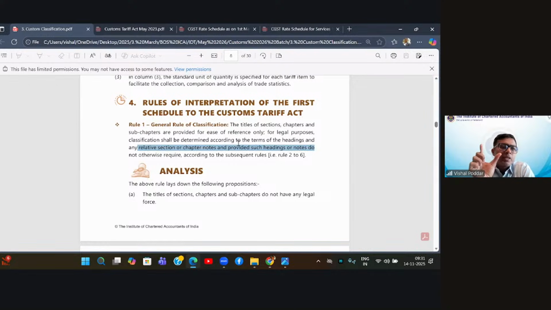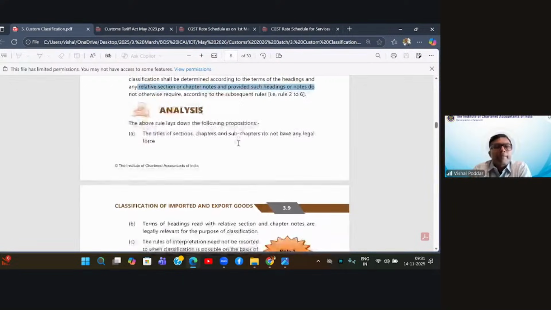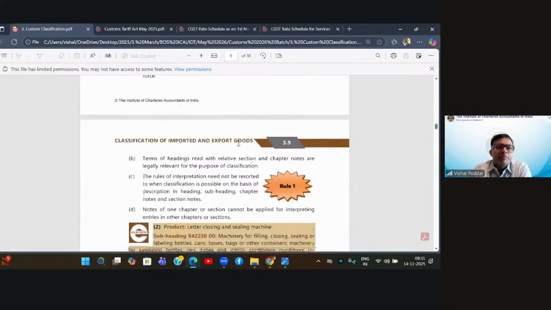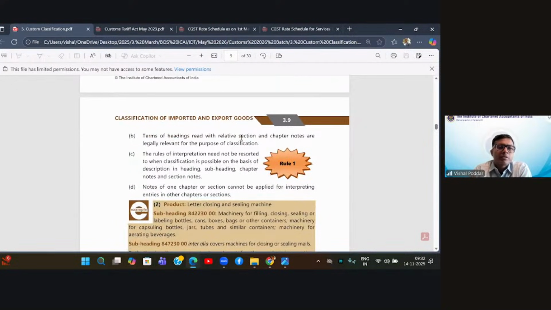So don't go by the names given. This is what it means. Names are to be referred only for reference, but not the deciding factor for classification. Now, analysis is given, which says the terms of headings read with relative section and chapter notes is the relevant.